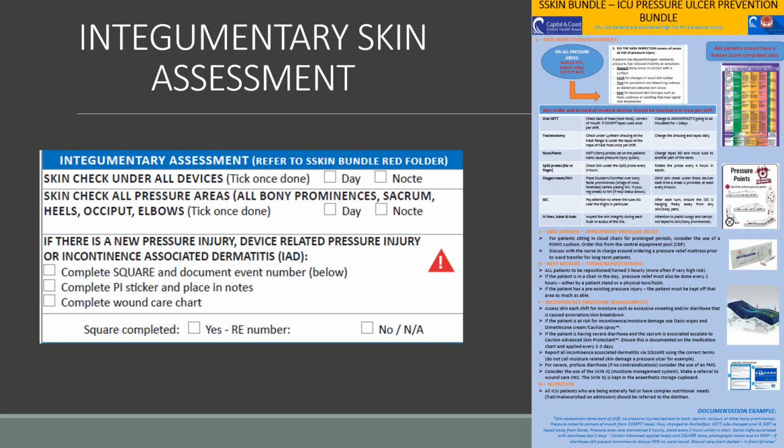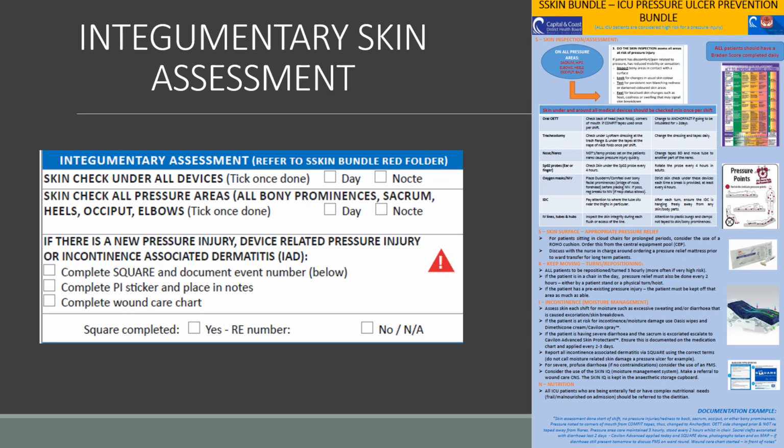Skin assessment is massively important in our ICU patients. We have a huge problem with especially incontinence associated dermatitis. We see a huge amount of patients that have skin loss and pressure injuries for good reason. These patients represent the sickest patients in the hospital. They're immobile.